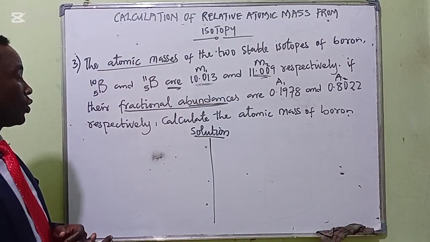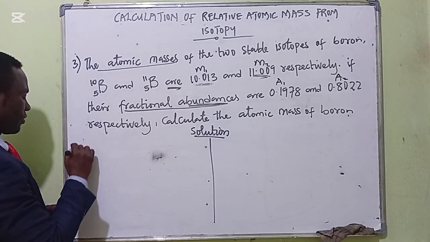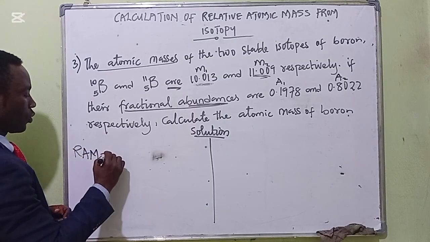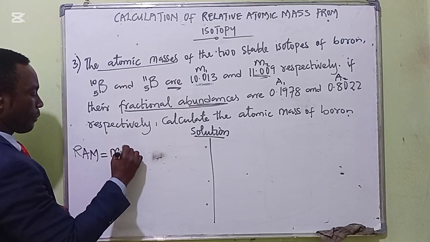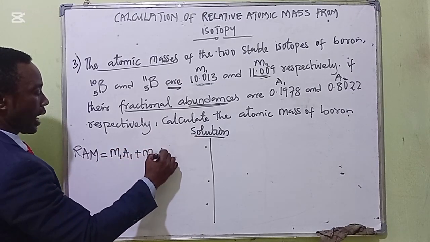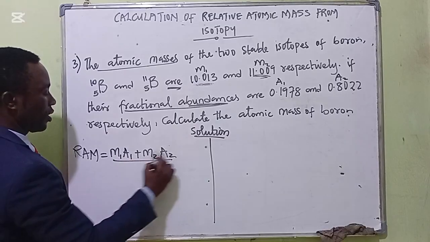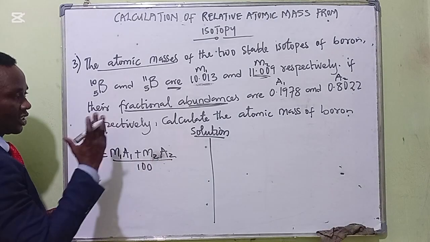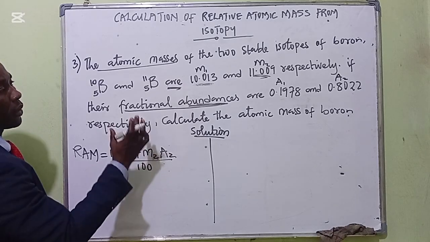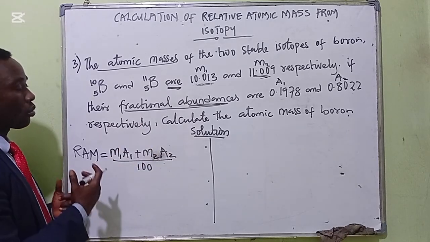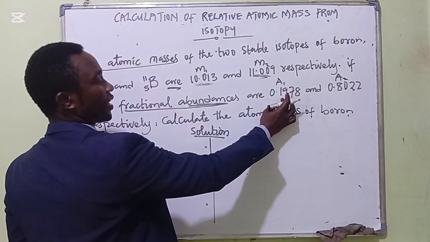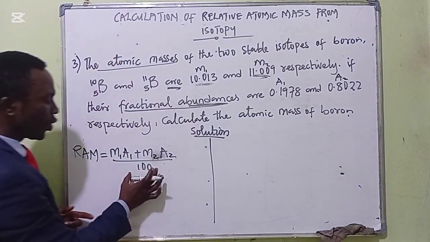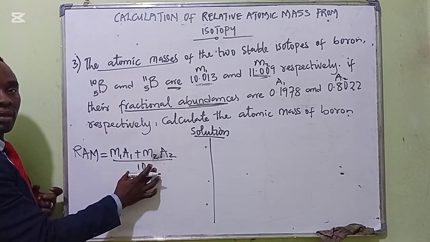Now, you remember that relative atomic mass, RAM, is equal to mass 1 times abundance 1 plus mass 2 times abundance 2, over 100. Why are we dividing by 100? Anytime the abundance is in percentage, we divide by 100. But if you look at this, you find out that the abundance is not in percentage, so there is no need of dividing by 100 again.